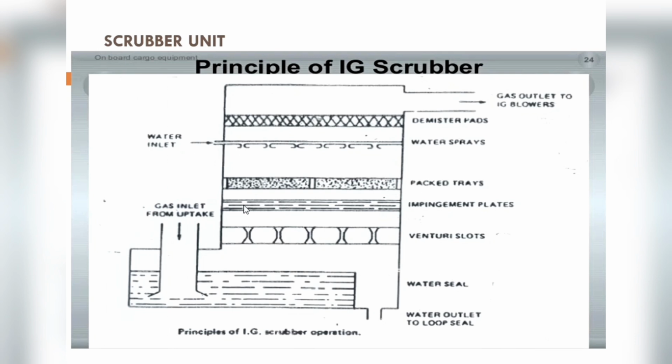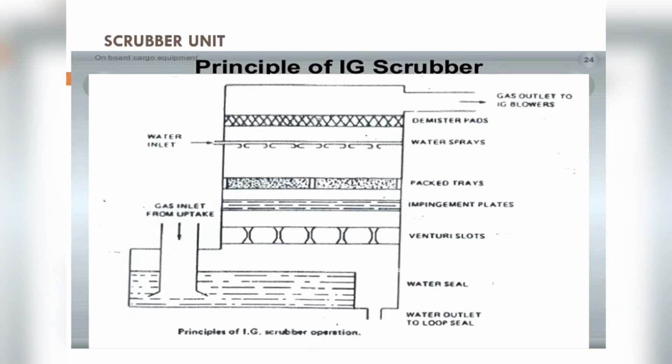So the maximum cooling of the inert gas takes place in the impingement plate, as it comes in contact with a pool of water falling from the top in the form of spray. The water passes down through the same baffle plates while the gases go up. So the cooling process happens in the impingement plates.